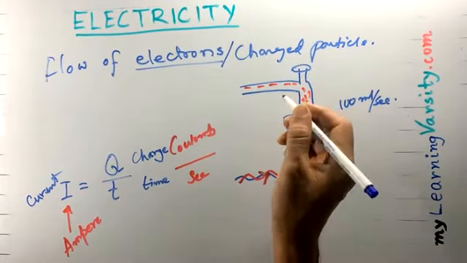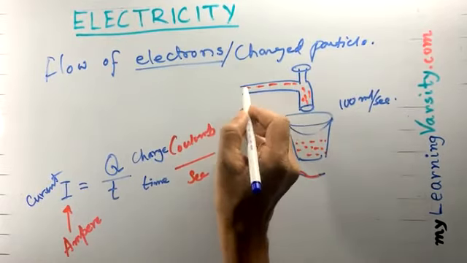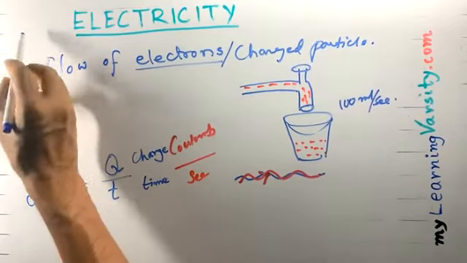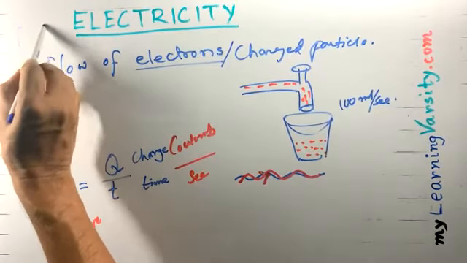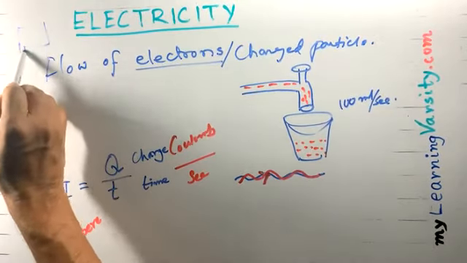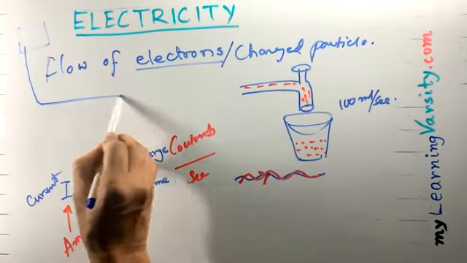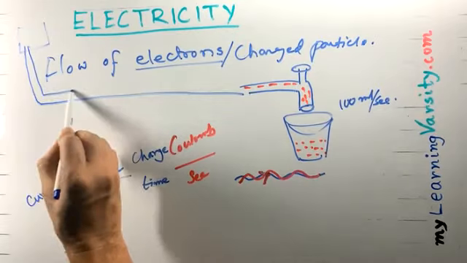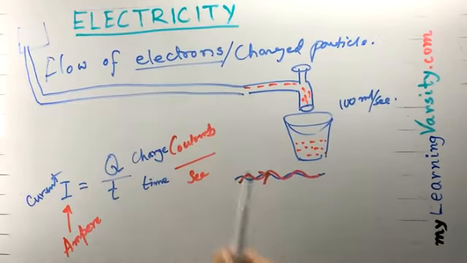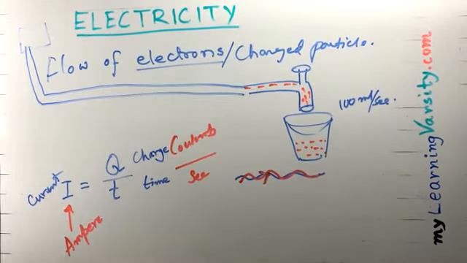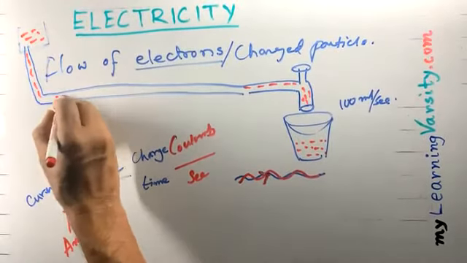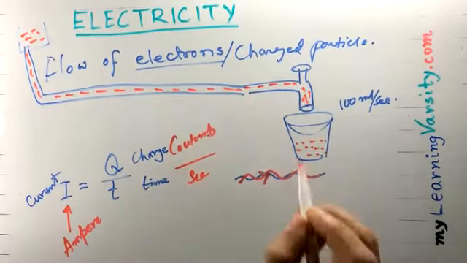And we know that for water to flow, it has to come from somewhere. See, your water tank is here. From here you have taken a pipe and connected it here. That is why water is flowing. Otherwise there will be no flow of water.